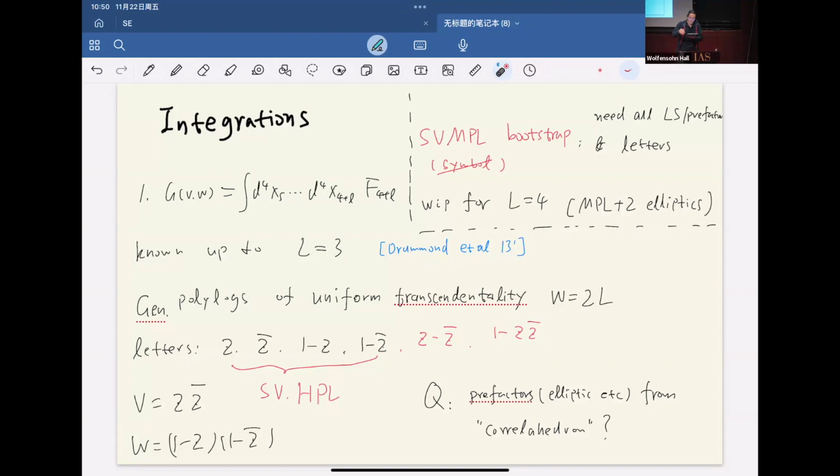You heard from Jake, these box functions, and then there's some double box function. At 3 loops, in some very heroic calculation more than 10 years ago, they bootstrapped the 3 loop integrals, the so-called easy and hard integrals, because these are generalized polylog integrals of uniform transcendentality 6 in the 3 loop case, right?